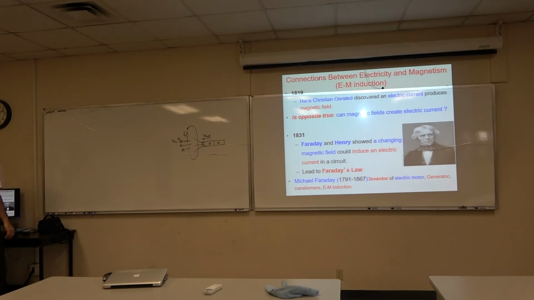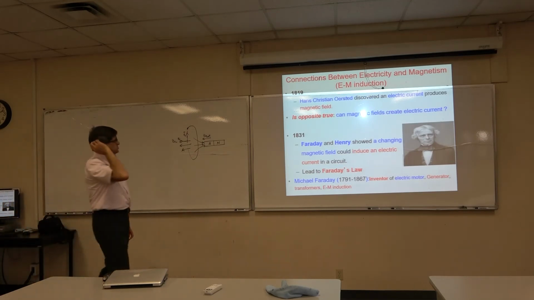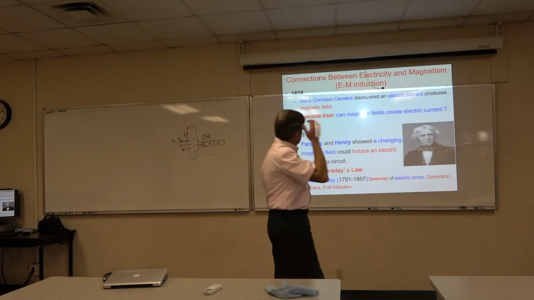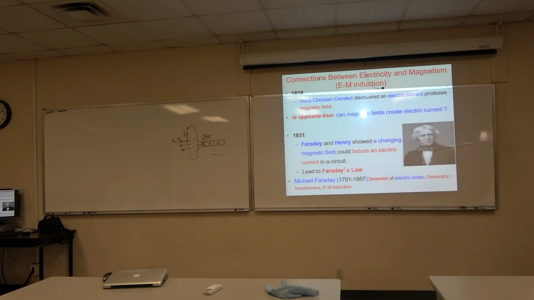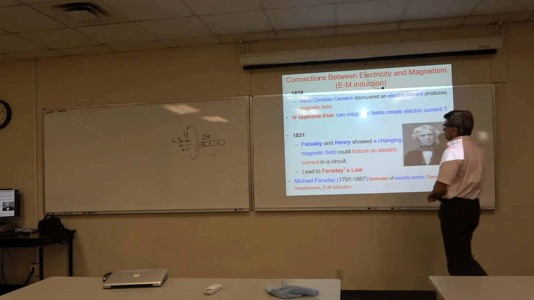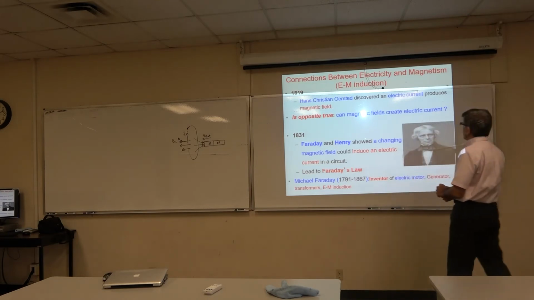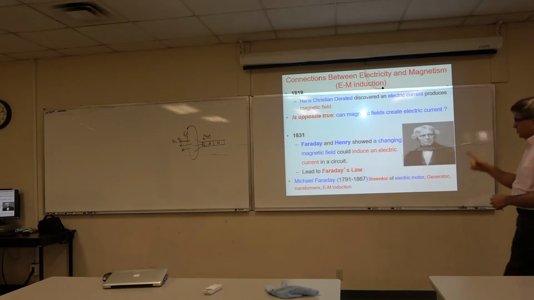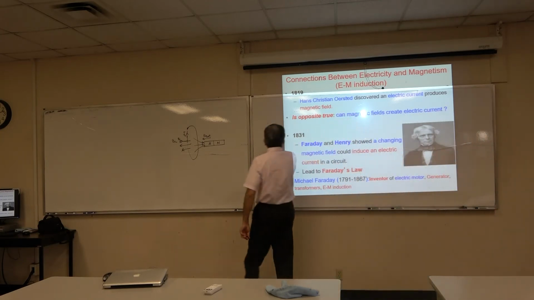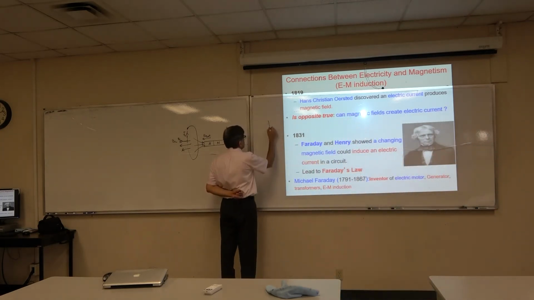All right, now let's come to the next step, and our friend Mr. Hans Oersted, he discovered that an electric current produces a magnetic field, which we saw in the current carrying wire.